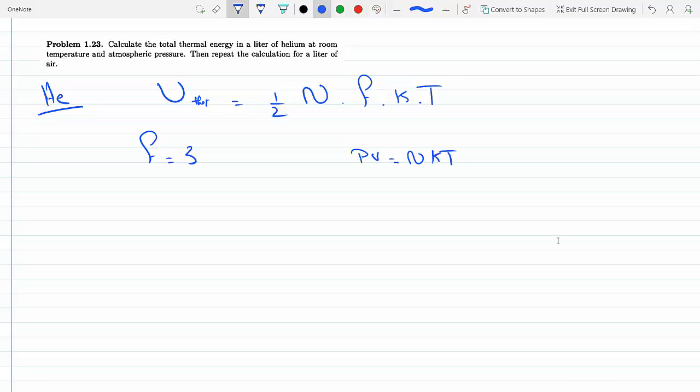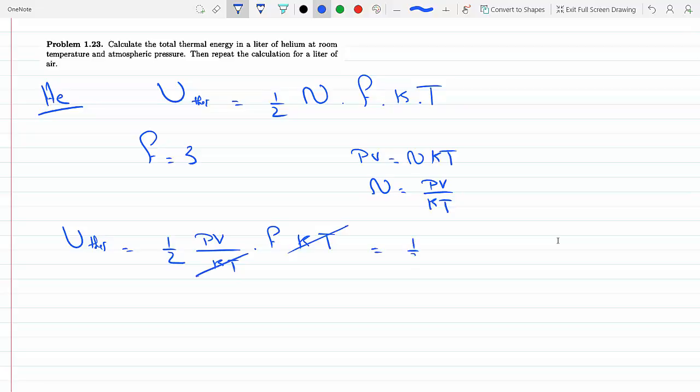And so that means N would just equal PV over kT, and we can just plug this in. So the energy would be 1/2 N, which is PV over kT, times F times kT, and we could cross these out, so we get 1/2 PVF.